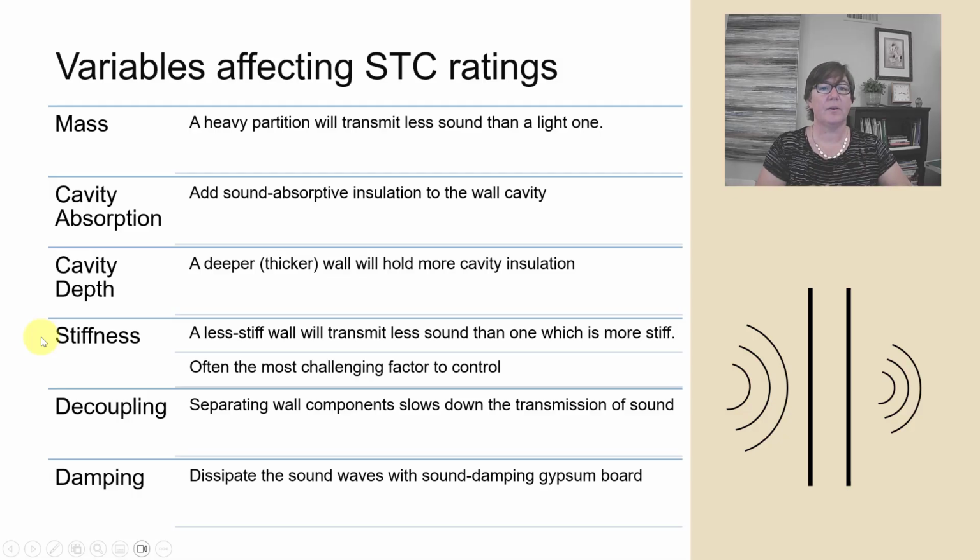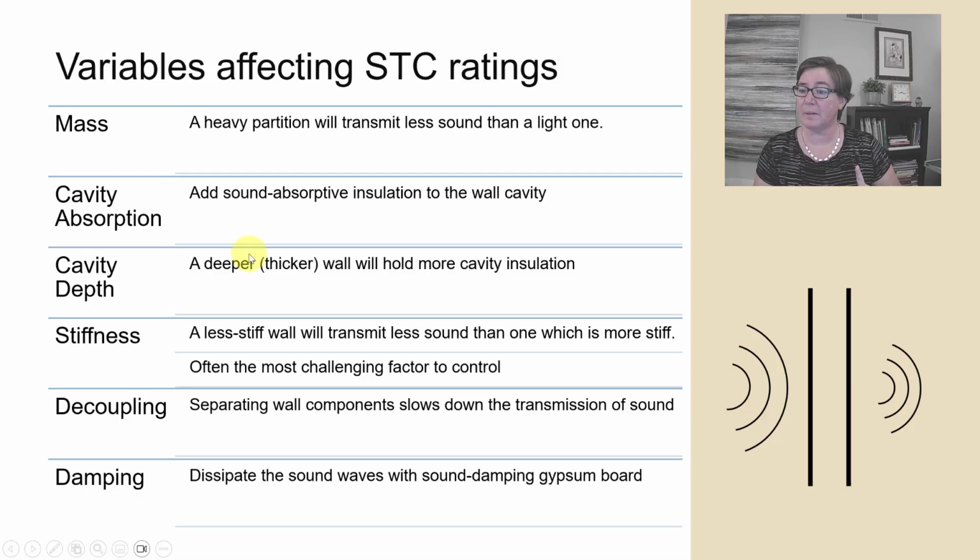All right, the next 2 are really important. They are the ones that work the best for raising that STC rating and reducing the amount of sound transmission. The first one is decoupling. What this means is physically separating our wall components to slow down or eliminate some transmission of sound.